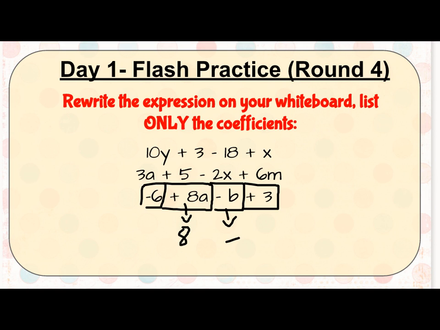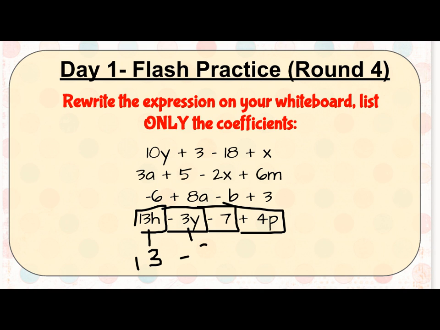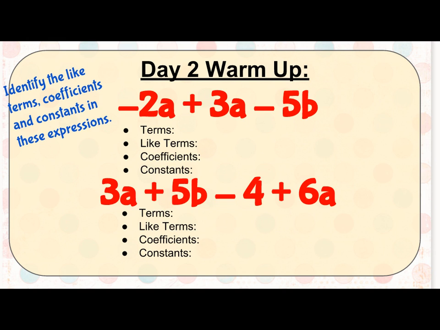It just won't show up and stay there on the screen. Okay, and then the last one, if we boxed them all up, I see 3 variable terms, so we've got a 13, a -3, and a +4.